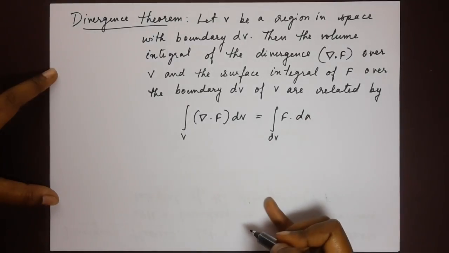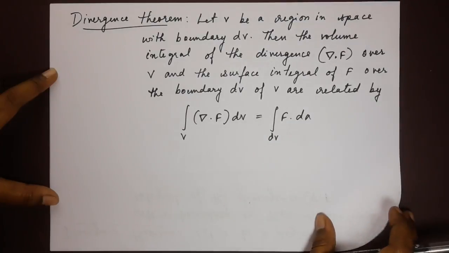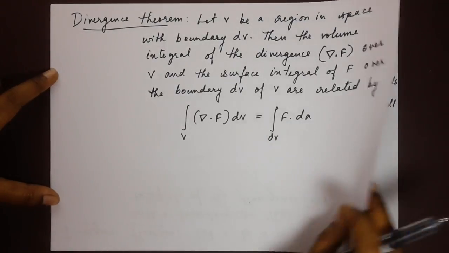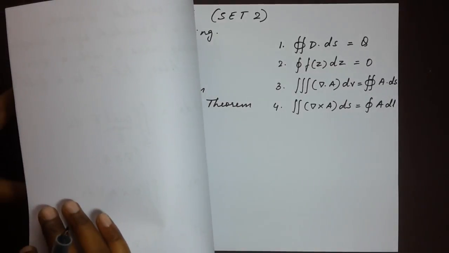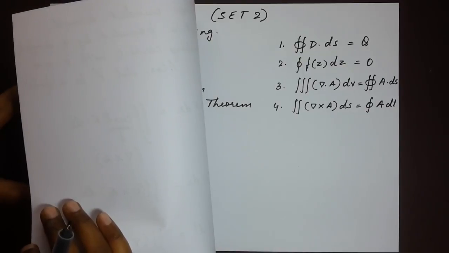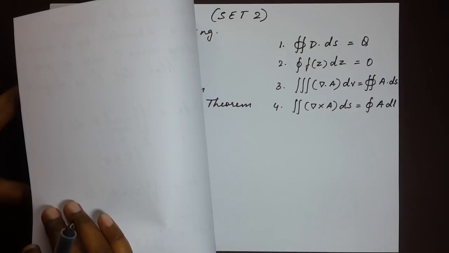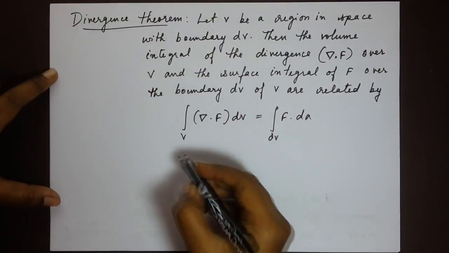Now if we correspond this to one of the equations given to us in the options here, take a look. Now where do we have dot product? We have a dot product there in the third option, and the integrals also match. So we have volume integral on the left side and we have surface integral on the right. So that matches.